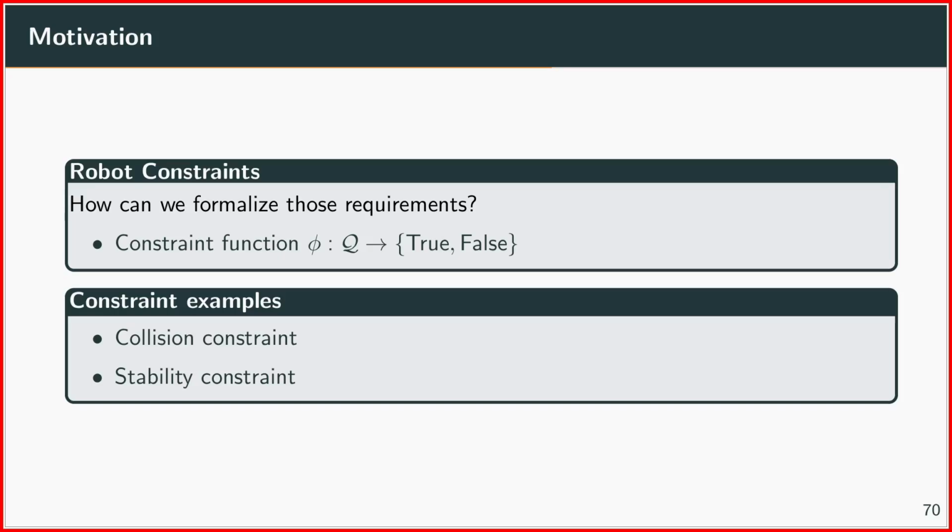And if you have such a function, you can just build it into your motion planner and you can always remove those configurations where a constraint is violated, and you can just concentrate on the configurations where it's not violated.